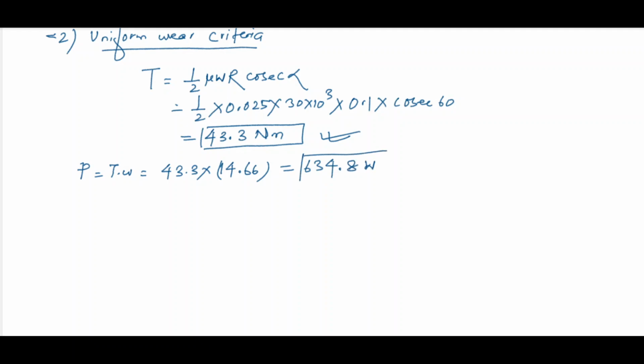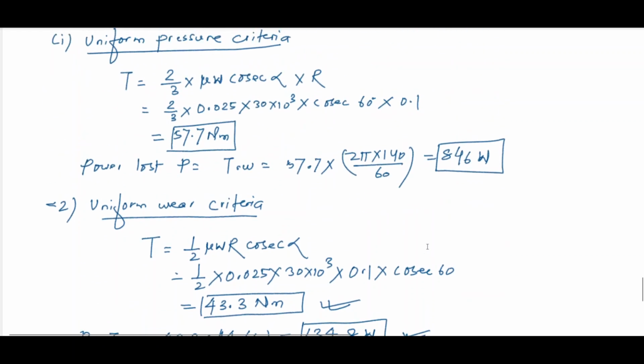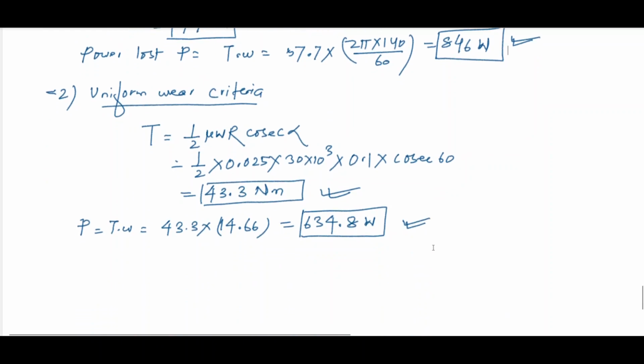So you can see the power lost in friction because of uniform wear is less than that of the power loss due to uniform pressure. Remember this. When we discuss these two criteria, at that time I'll elaborate. For now, remember power lost in friction in uniform wear is less than that in uniform pressure criteria.